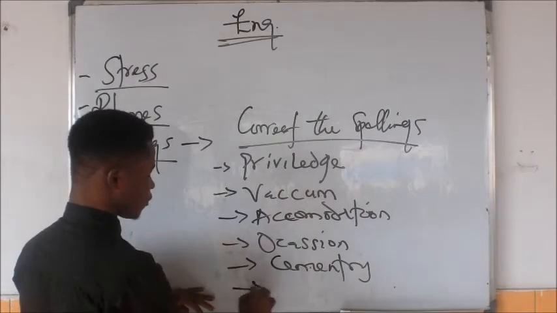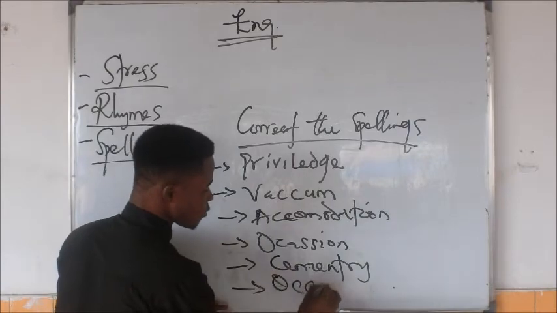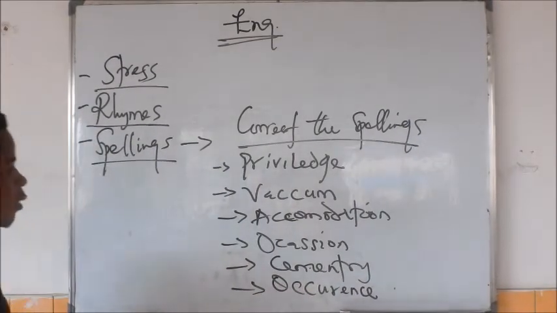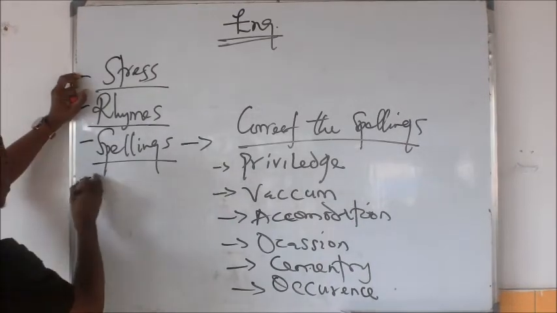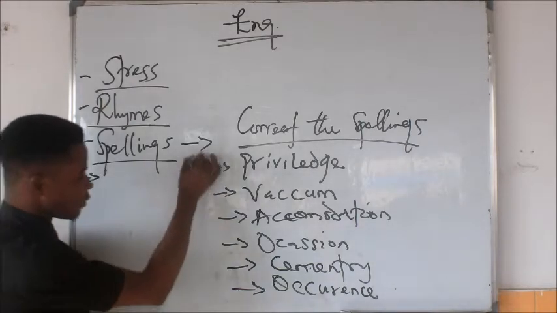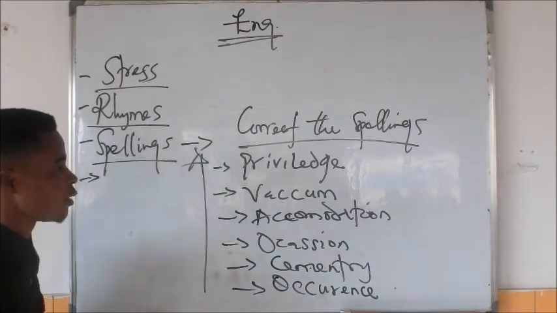Number six, occurrence. Alright? Okay, let's make do with these 6, 1, 2, 3, 4, 5, 6, because of space.